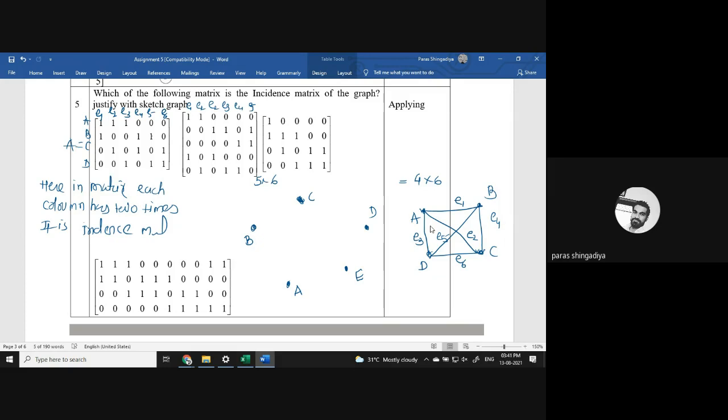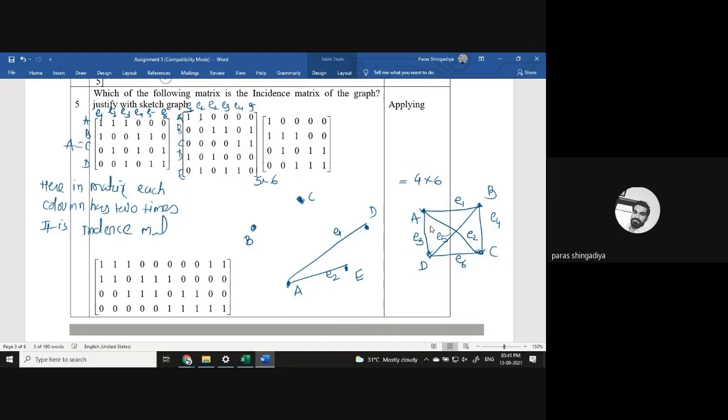The first column indicates the first edge. Here one is mapped in between A and D. So we'll connect A and D first, and mention the edge name for A and D as E1. Second column, one is mapped in between A and E. So connect A and E and mention the edge notation, that is E2.